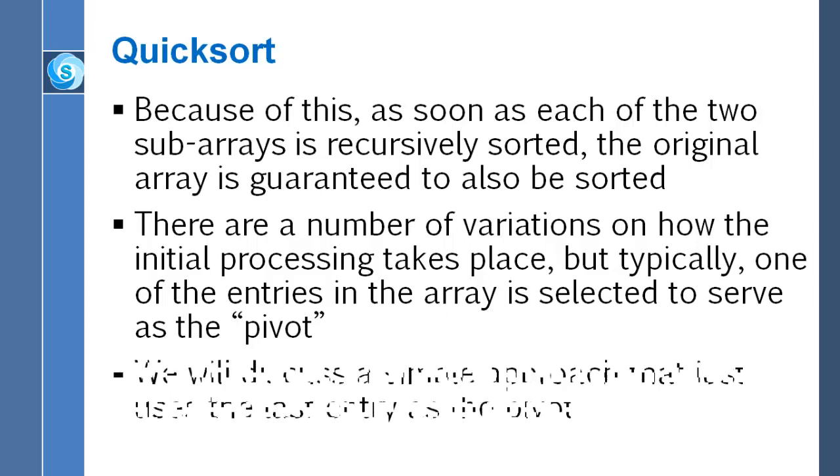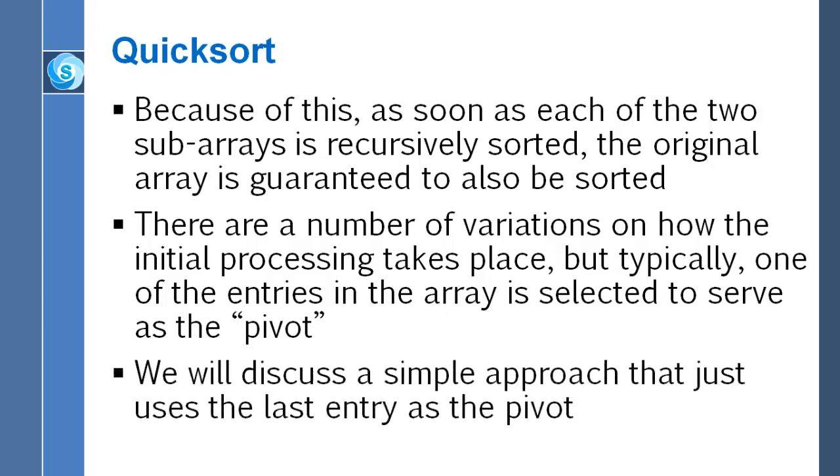In the specific code that I will present later, the role of the pivot will be played by the entry in the rightmost position. The last entry will be the pivot.